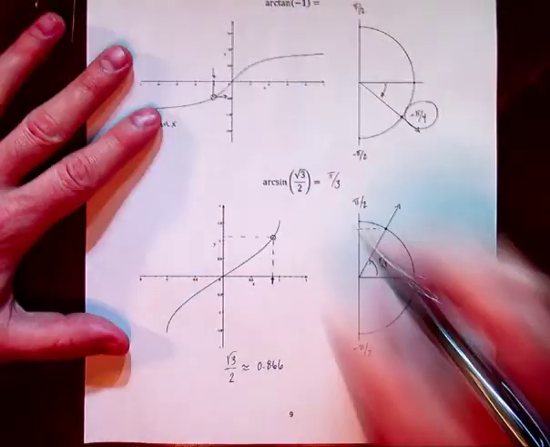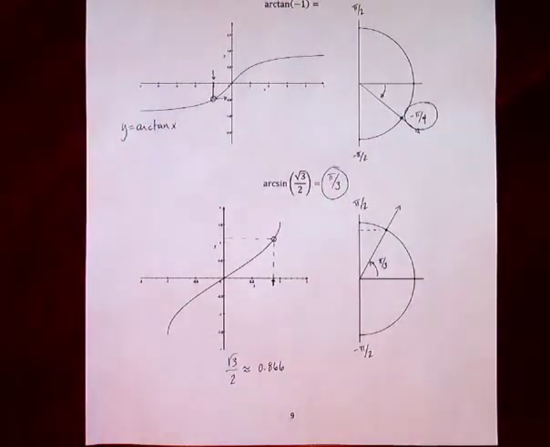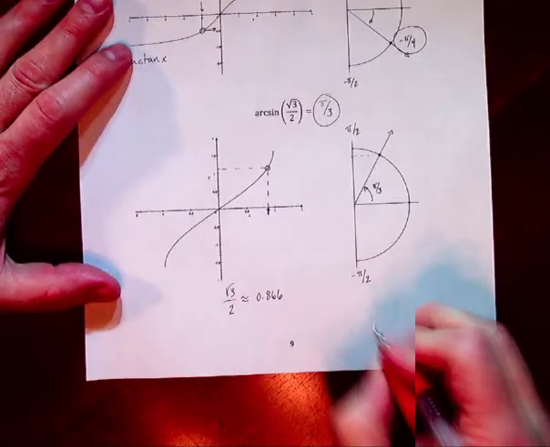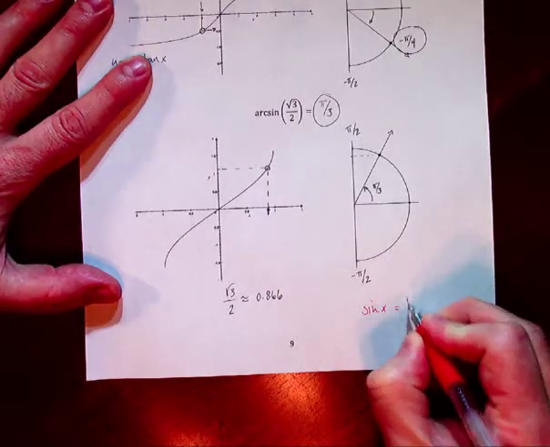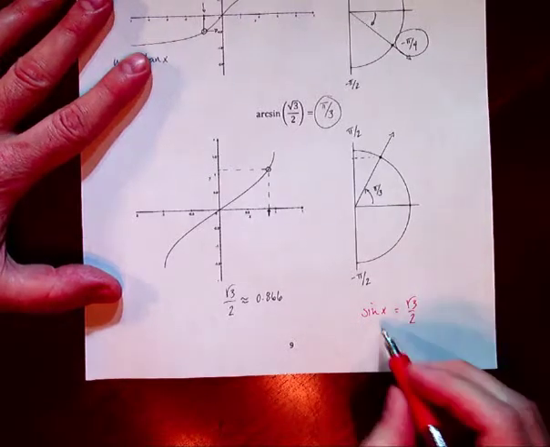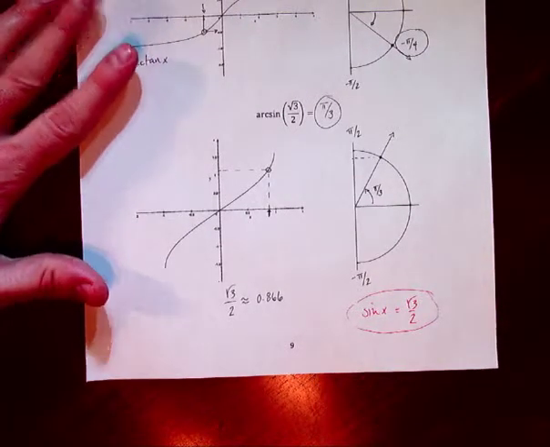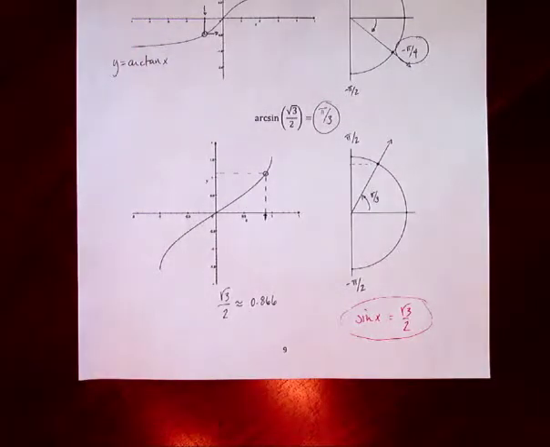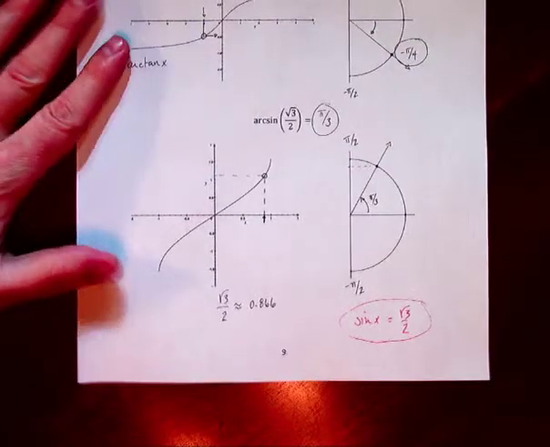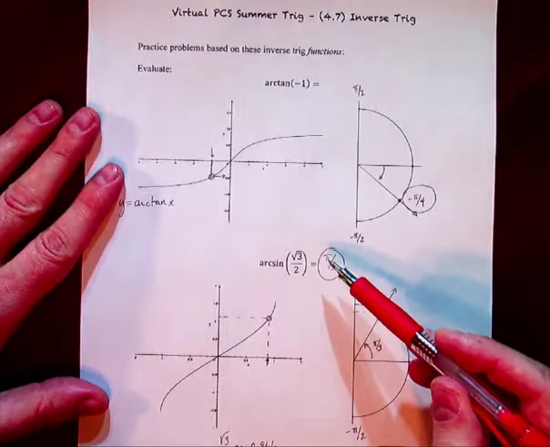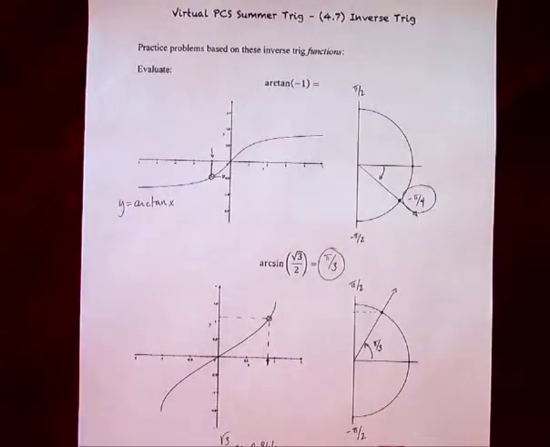Okay, so that is our one single answer for arc sine root 3 over 2. Now, as we'll see later, if you were given something like sine of x is equal to root 3 over 2, and you were then asked to use inverse trig in order to solve for the variable, you would get more than one answer. But as this is defined according to arc sine as a function, you get one and only one output, and according to the way that the domain and the range have been specified, that answer is pi over 3.